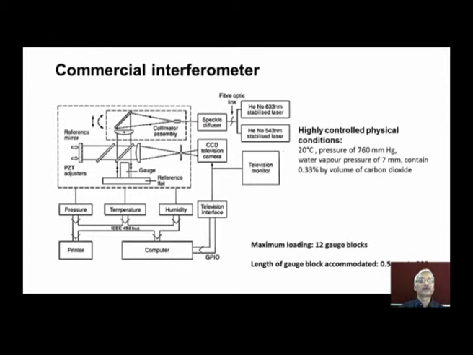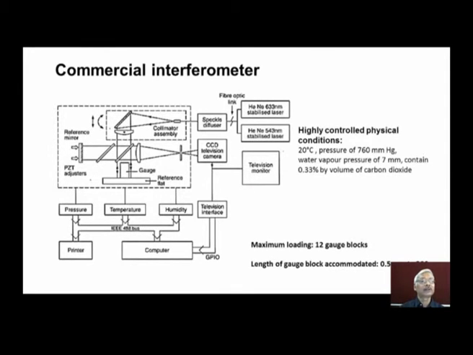We get the laser source, and then the light will move in this fashion. We get the collimated light which will fall on the gauge surface, and then it is reflected back, and then finally it falls on the CCD television camera, and on the monitor we observe the fringes.